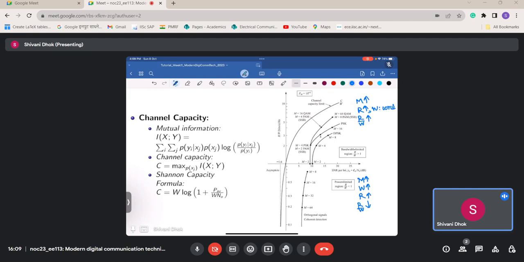Another thing that was discussed was that your Eb by N0 for a given Pe increases with M in the bandwidth limited case, and your Eb by N0 for Pe reduces with M in the power limited case. These were some of the key observations, and this was all about the comparison between different modulation techniques.